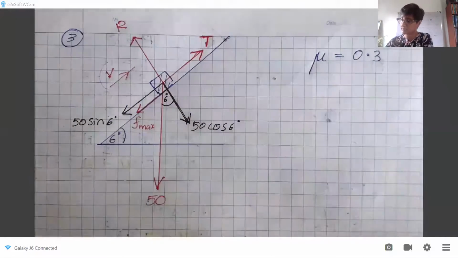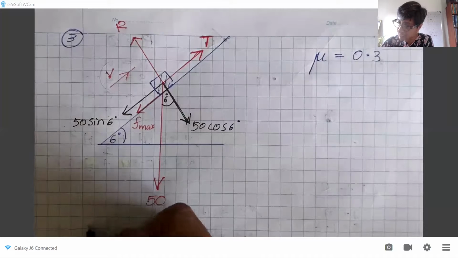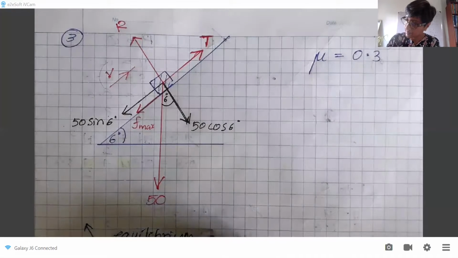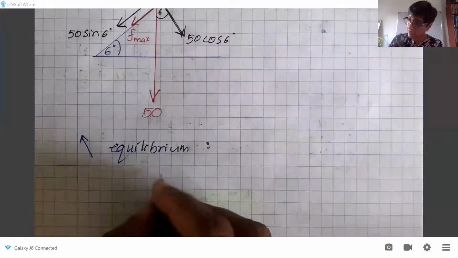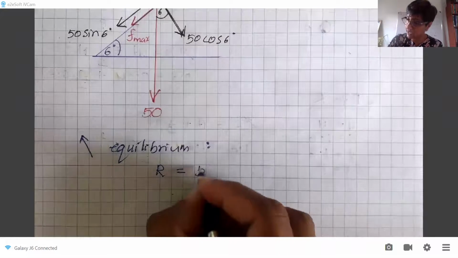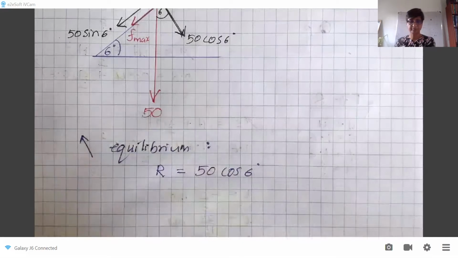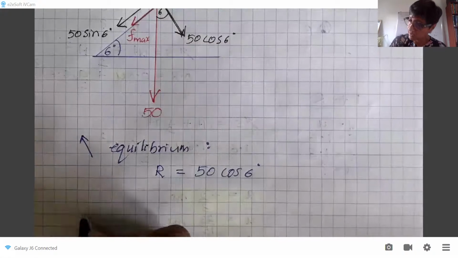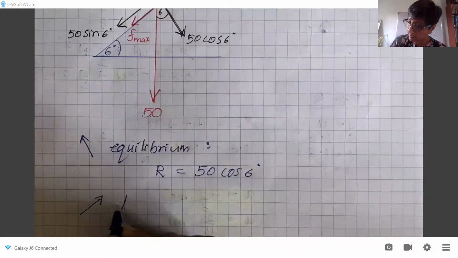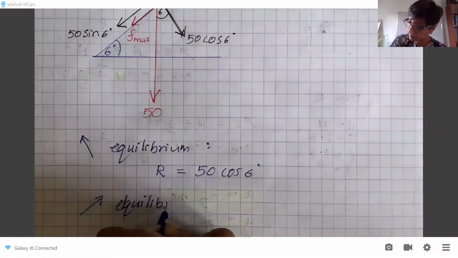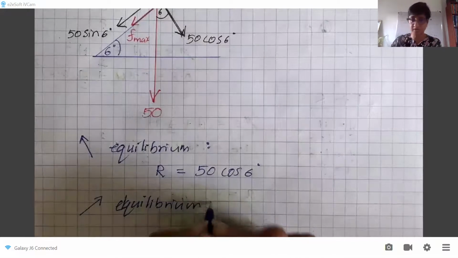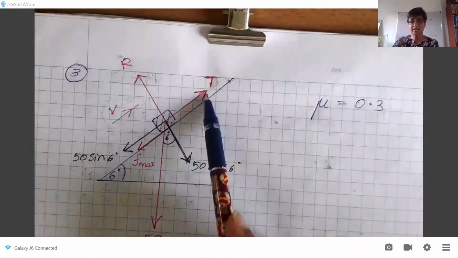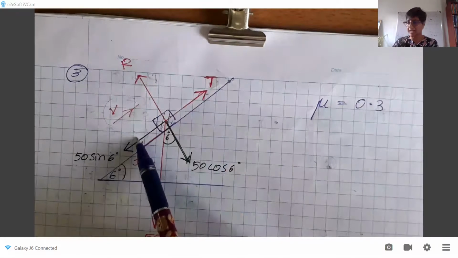I will first consider vertical equilibrium. I get R is equal to 50 cos 6. I can find what that is, but let me keep it like that. I don't need it right now. Then I consider horizontal equilibrium. If I show you the diagram again, T must balance 50 sin 6 and F max.